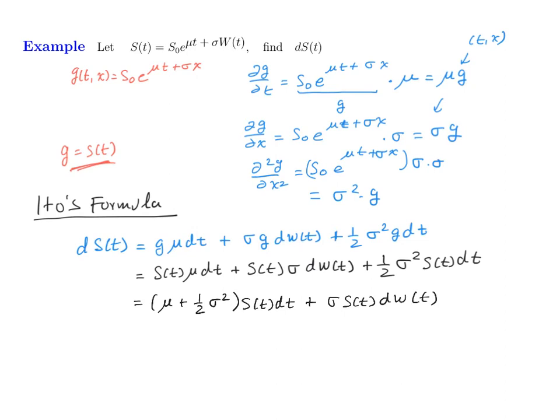And again, this is technically just a stochastic differential equation, where the initial condition is equal to S0, which in our case is the initial price, or the initial value of the stock.